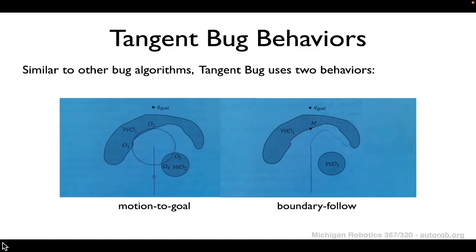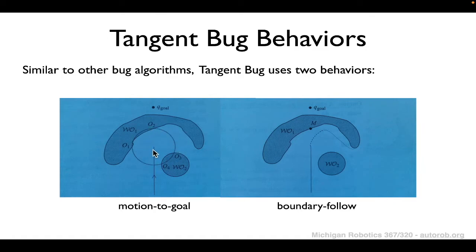The bug algorithm is going to follow two potential types of behavior. It can either move in a straight line, which is when it tries to move straight towards the goal. On the left hand side, for example, if there's a robot where my cursor is currently, and it has a short range so it can't see all the obstacles, it'll initially just move in a straight line towards the goal until it begins to observe the obstacles, denoted by this dashed circle showing the range of its sensor.